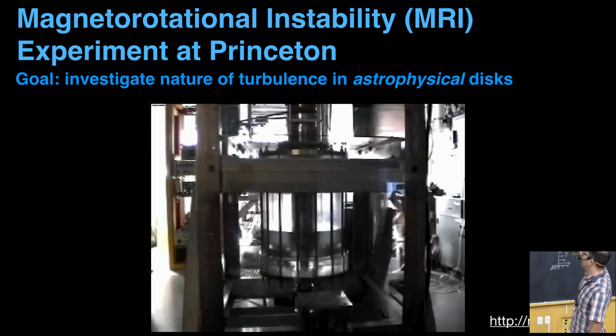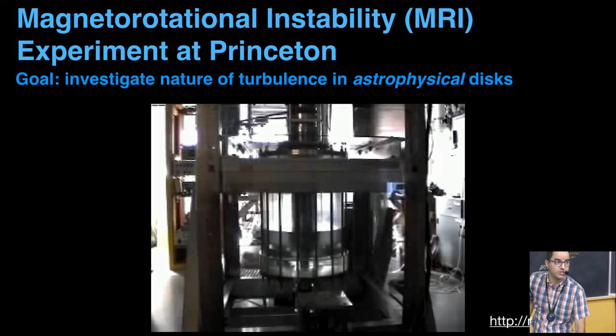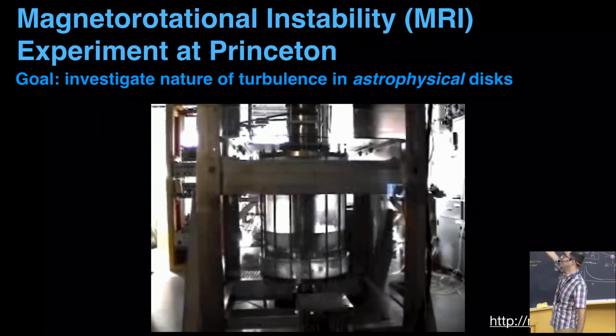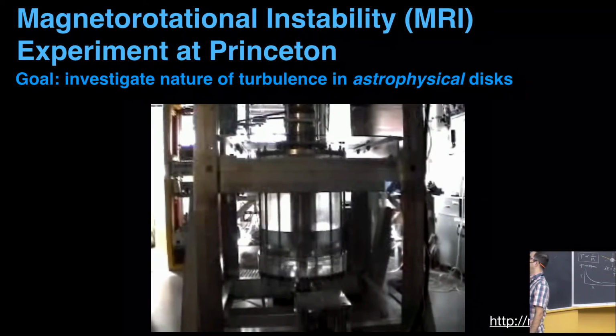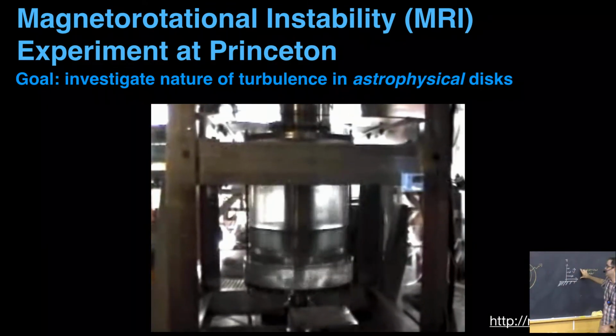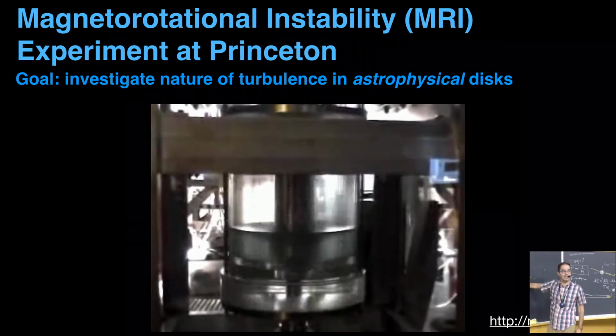You fill up a cylinder with water, and you play with the rotation law of some spinning engine to try to recreate a differential rotation in some kind of fluid, which is what they are trying to do here. They have an inner cylinder and outer cylinder, and then by playing with the rotation velocities of the two cylinders, they can try to recreate this kind of velocity law, but in the lab.